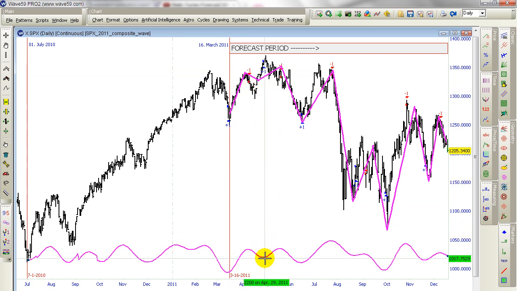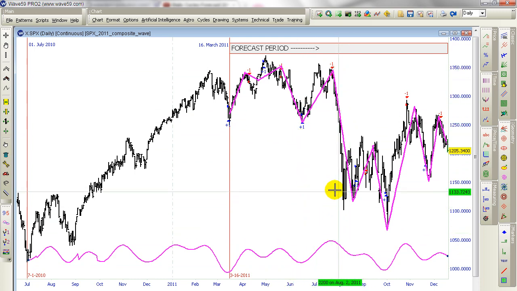So we have a losing trade here. Here's the buy signal, and here's the next sell signal. The system is just trading the swings of the composite cycle, where you see here is the exact low, where here's the buy signal, the blue one, and here's the next sell signal.